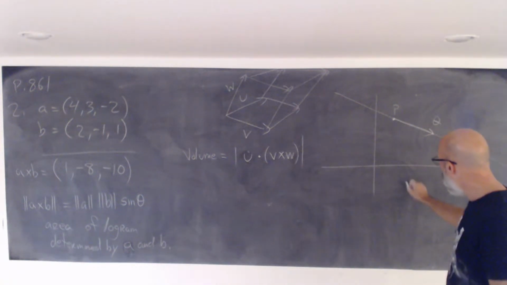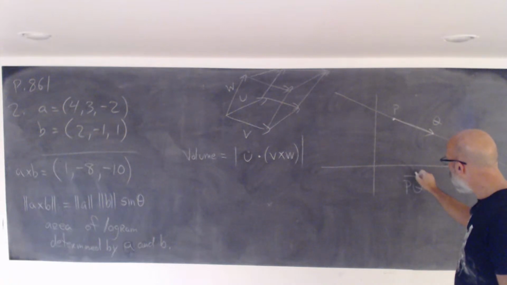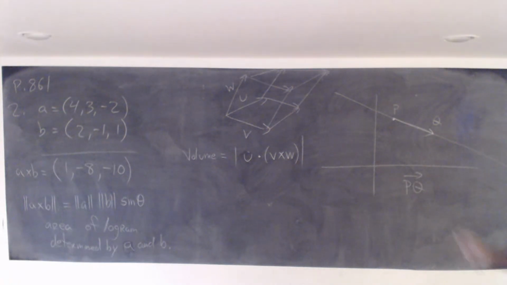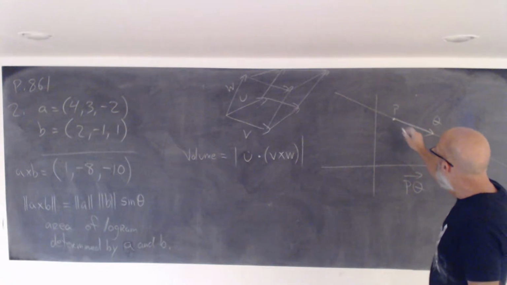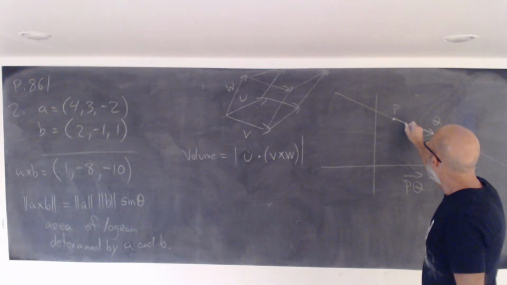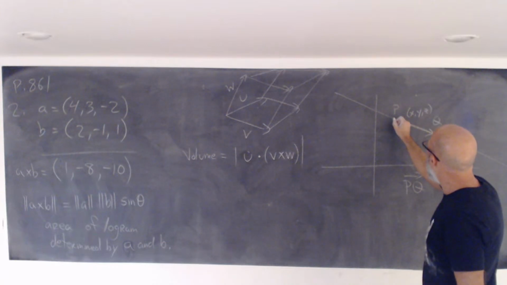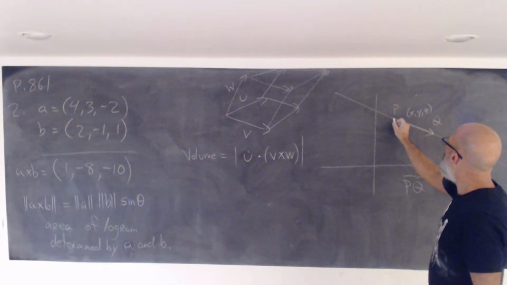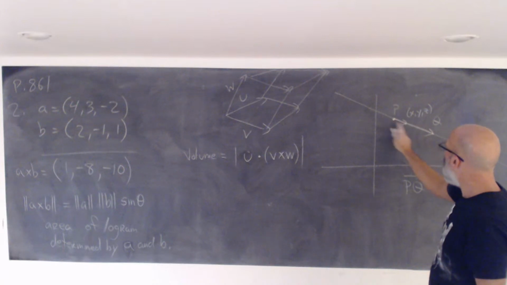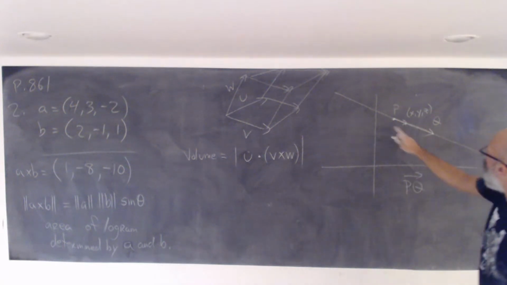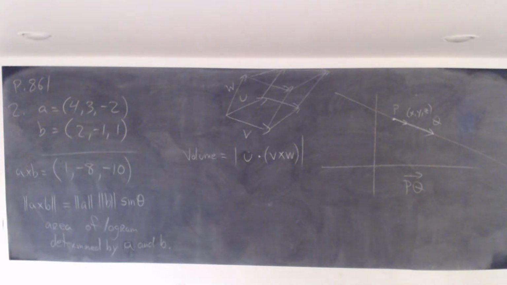You have this vector PQ. And if you take a point XYZ on the line, then the vector from P to XYZ is parallel to the vector PQ.